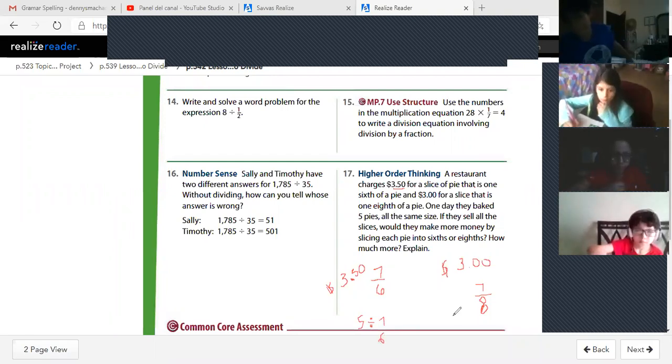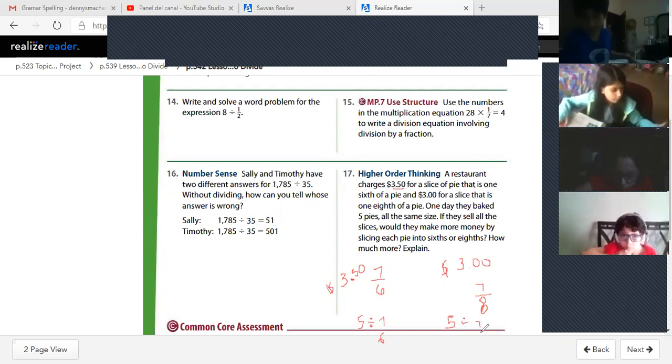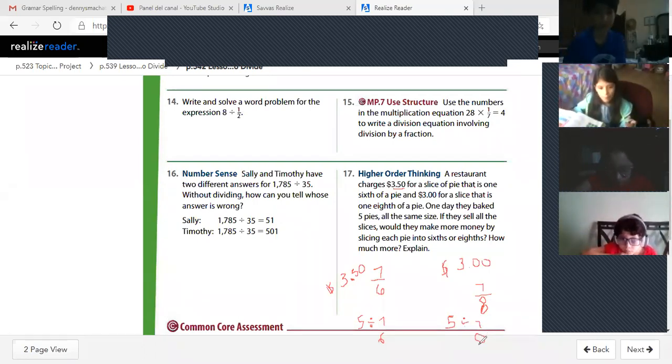And in the other one we will have the same 5 divided by 1/8, yes? It means that here we will have two answers, right? And then, if they sell all the slices, would they make more money by slicing each pie into 6 or 8?